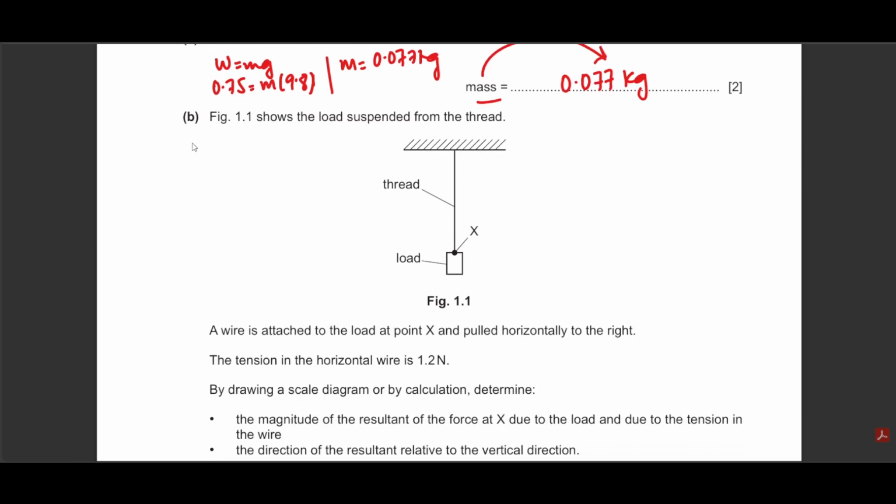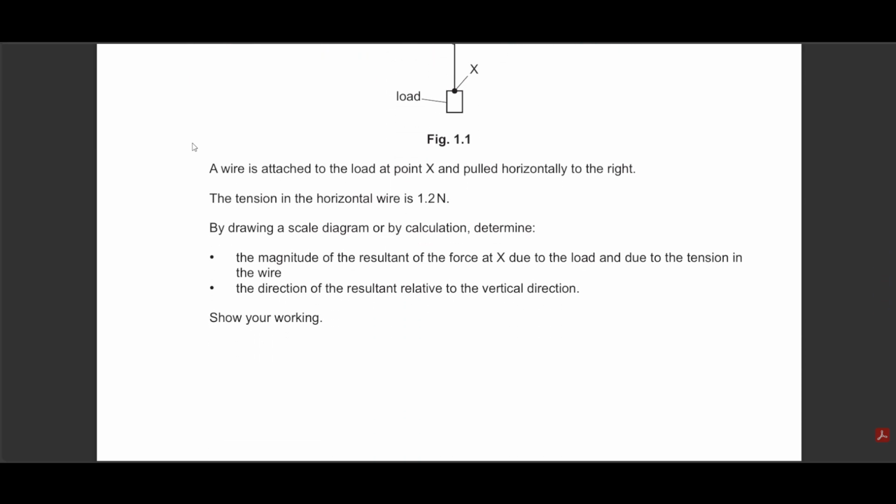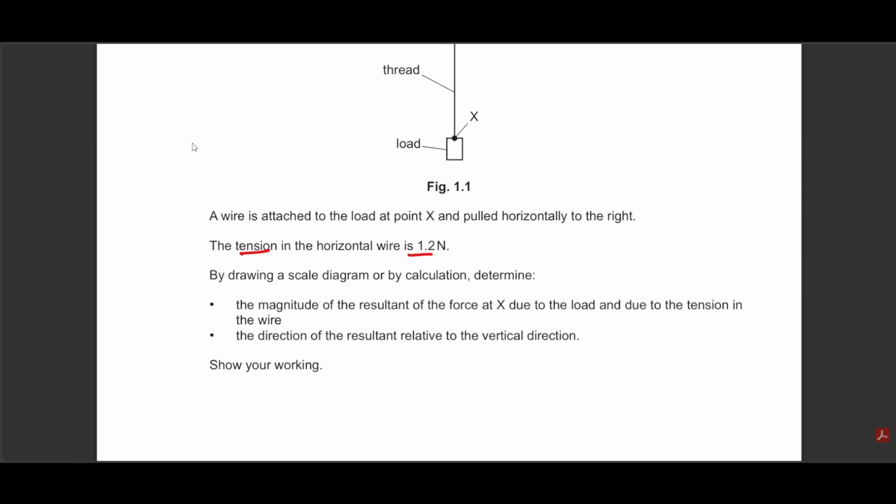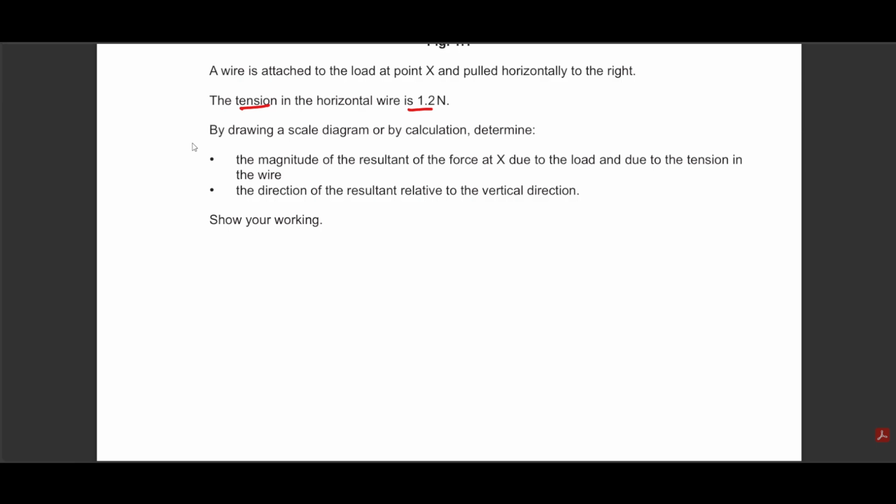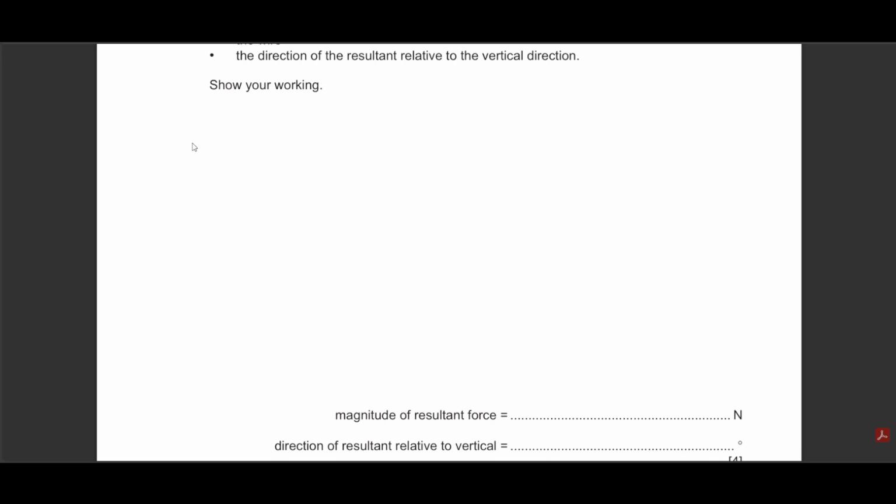He says that the load is now suspended with the thread X. There is tension in the horizontal wire to the right side with a force of 1.2 newtons. He says by drawing the scale diagram or by calculation, we can determine the resultant. So there is a force acting downwards on the object.